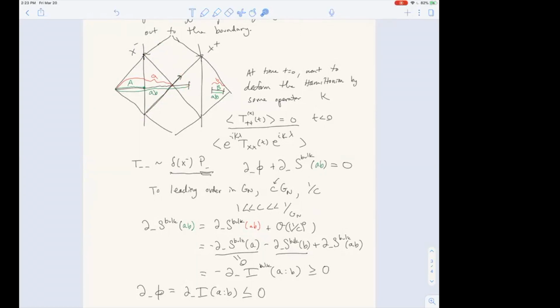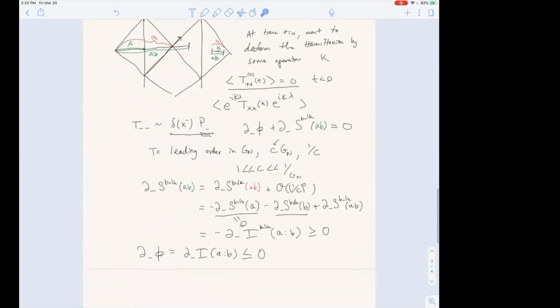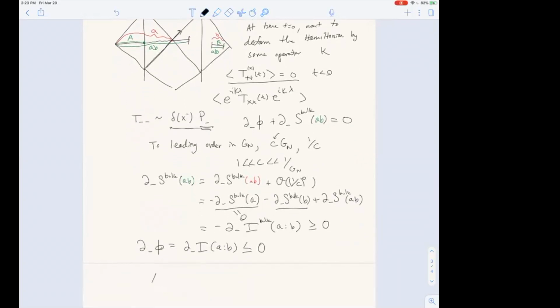Okay? Now, how do I do that? Well, that means across the shock, I want this to be the case. So I want the dilaton expansion to increase by precisely this amount.